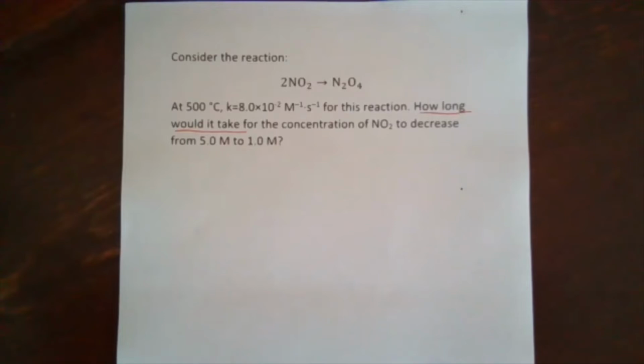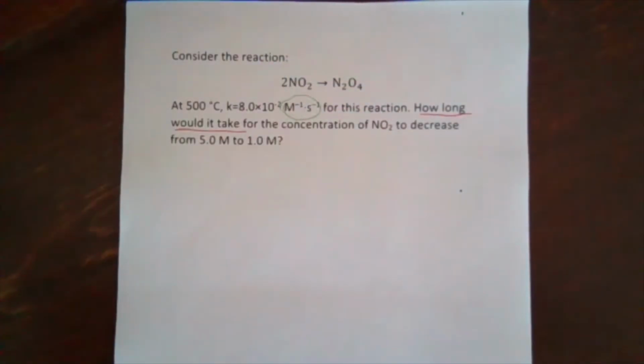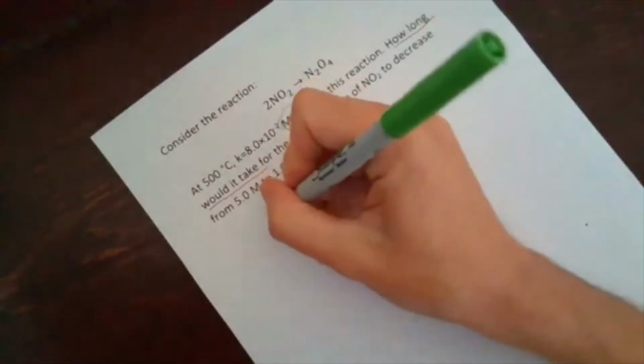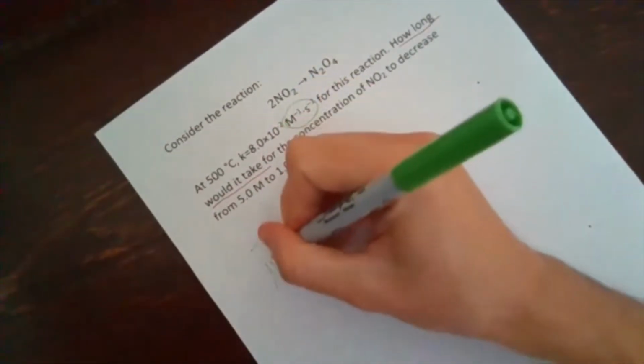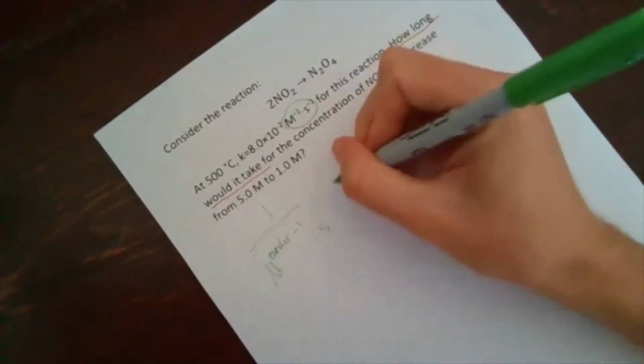We know we're just going to have the one reactant, so we then need the order. The equation is based off the order, but we're not given the order anywhere. But we are given the rate constant, and the units on a rate constant depend on the order. Not all rate constants have the same units. The units are going to be 1 over molarity to the order minus 1 times seconds.